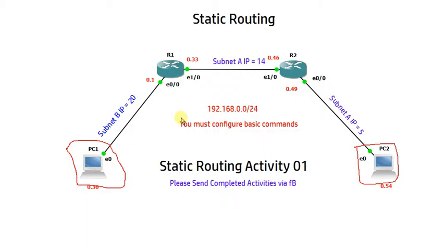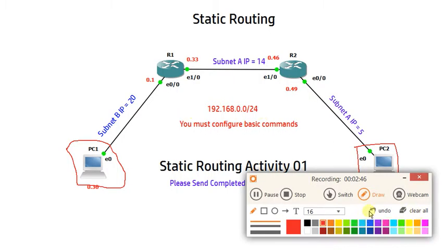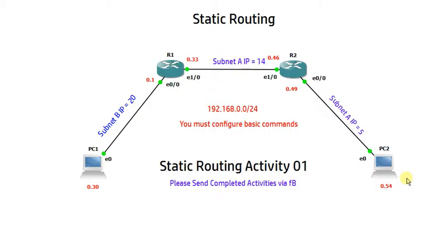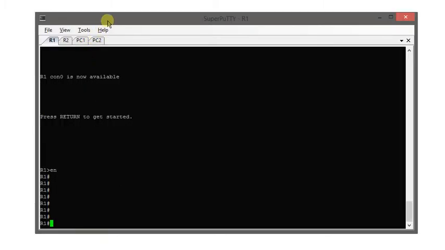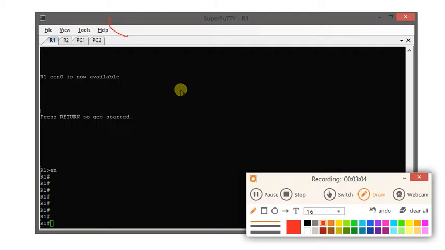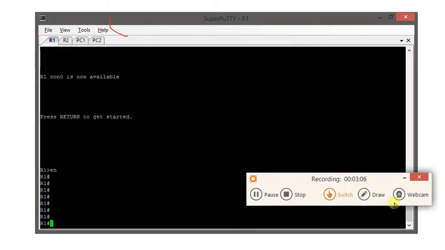Okay, now since I subnetted everything, I'm going to bring in my PC first. So PC1, which is... shouldn't have that. Let me get rid of that. Don't need that.